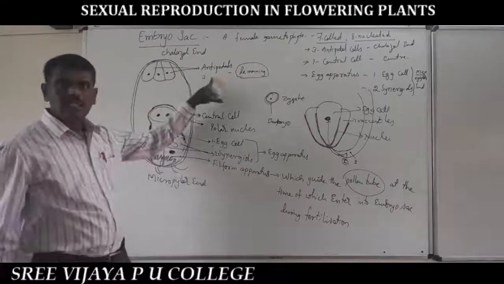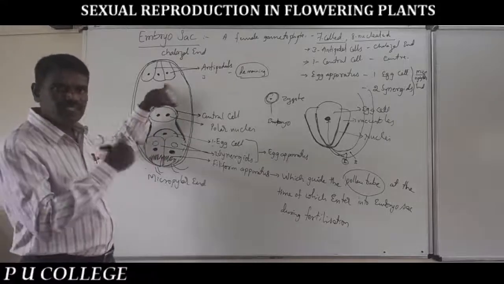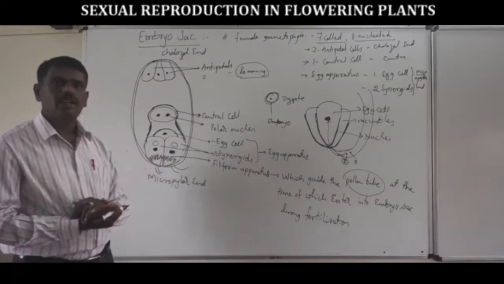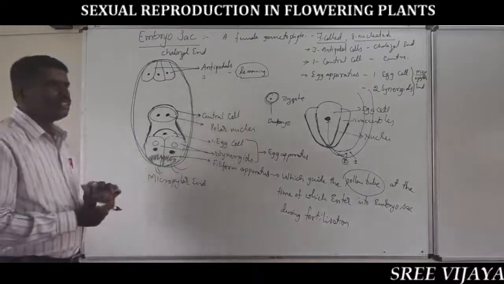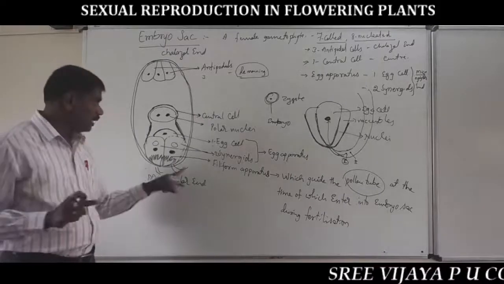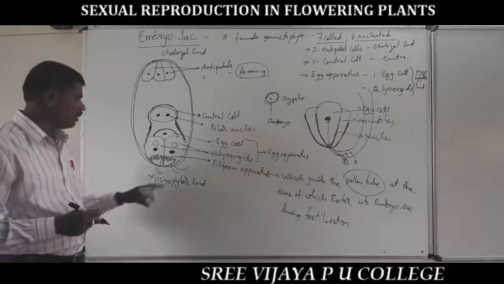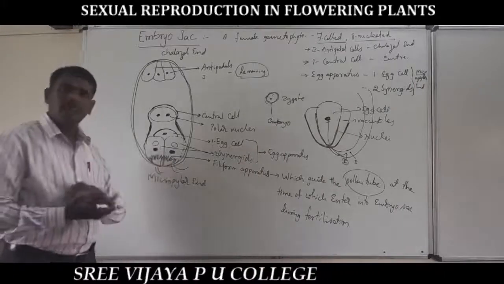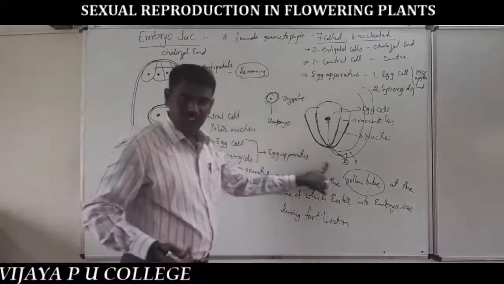If the antipodals are resistant, they are present inside the embryo sac even after fertilization, or even after it has completely matured. See here, at the time of fertilization, while the pollen tube enters the embryo sac, it releases two male gametes.